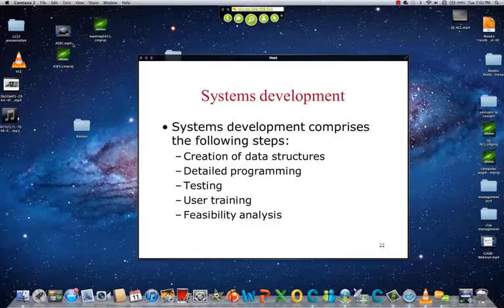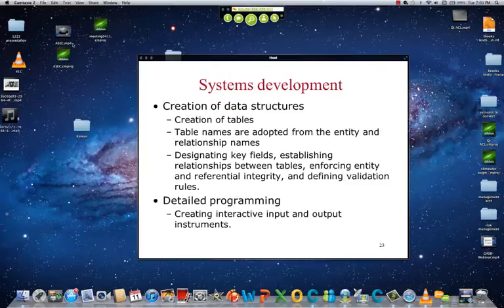Basically, what you had on paper, those tables, queries, and forms, you have to program them in your database management system. So you create the data structure, you create tables, table names, you designate those primary keys, foreign keys, things we discussed earlier.